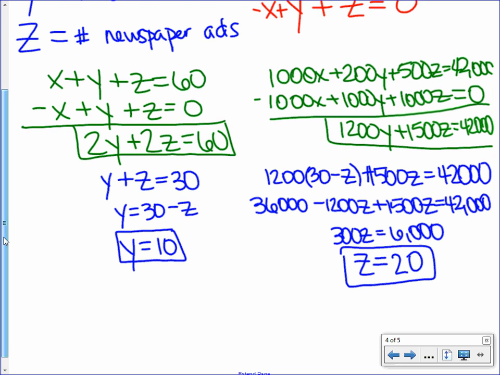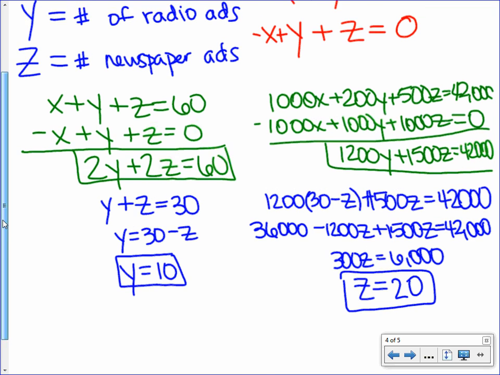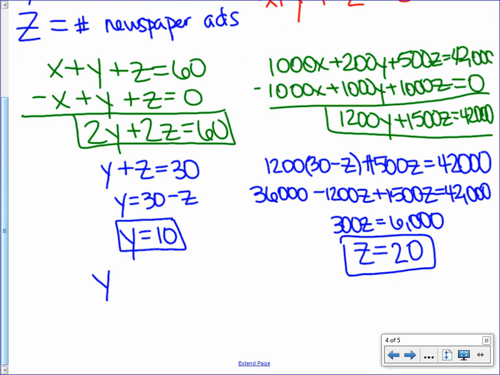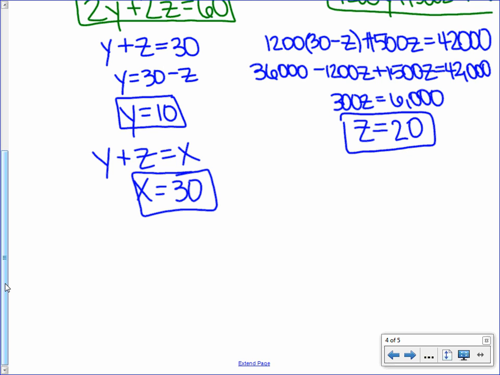And then if Y is 10, we can come back over here to the Y plus Z equals X equation. And what would that make X? 30. Okay. Now, do I want your answer as 30, 10, 20? No, Kyler, how would I want you to write it?